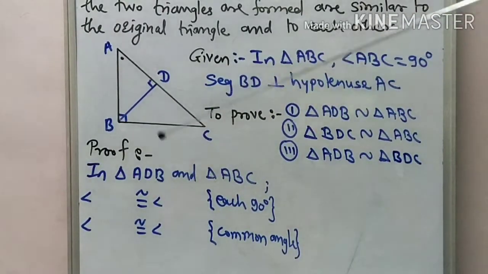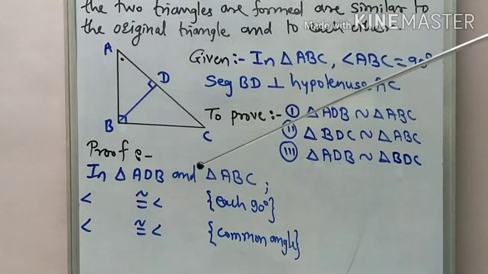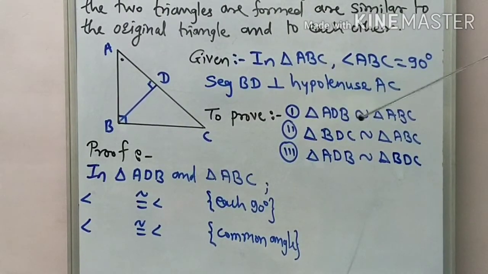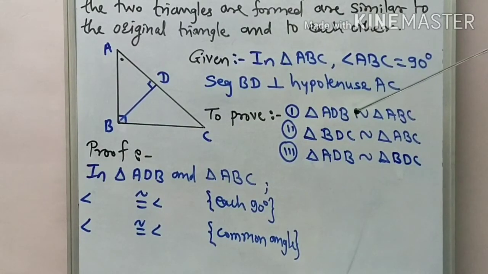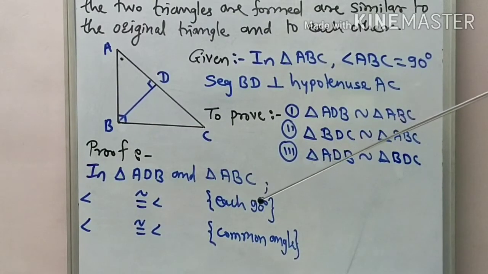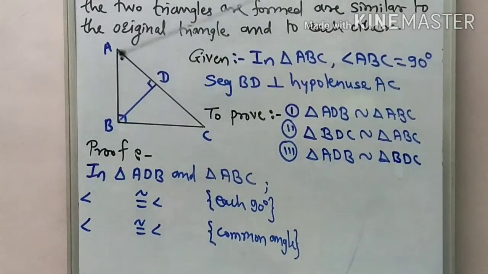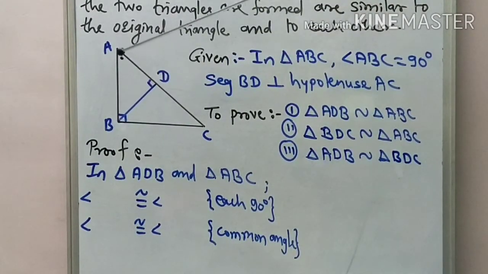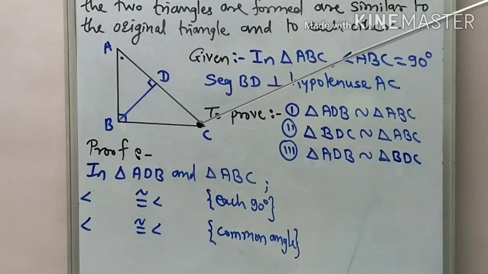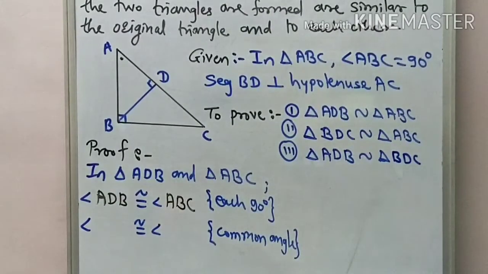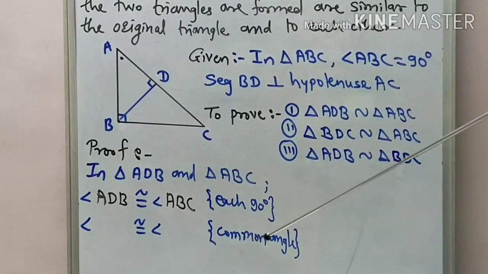So here we start that proof. In triangle ADB and in triangle ABC, we prove the first pair of similar triangles. The first pair is of what? Each of 90 degree angles. As you observe here, students, angle ADB is 90 degrees and angle ABC of the original triangle is 90 degrees. So we get the first pair of 90 degree angles, and the second pair is the common angle.